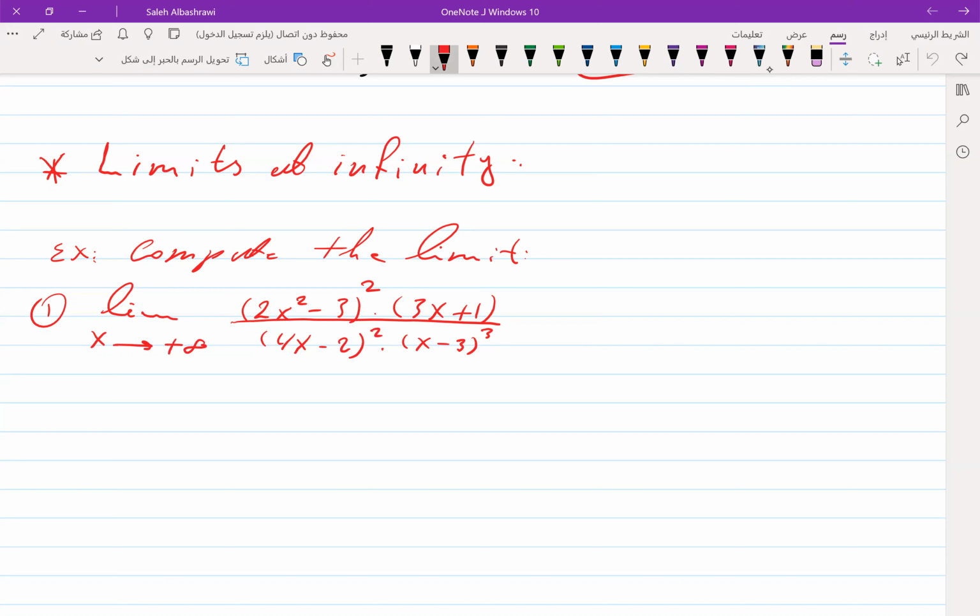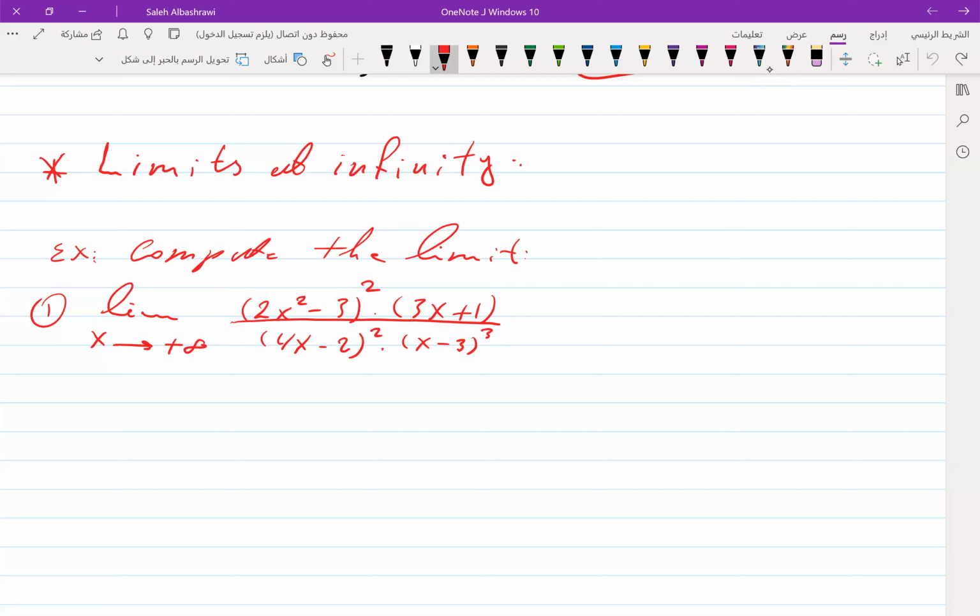As we said in the first part, this is a rational function, a polynomial divided by another polynomial. To find the limit for a polynomial, we take the highest power of the polynomial. Now in this case, the polynomials are written in factored form.